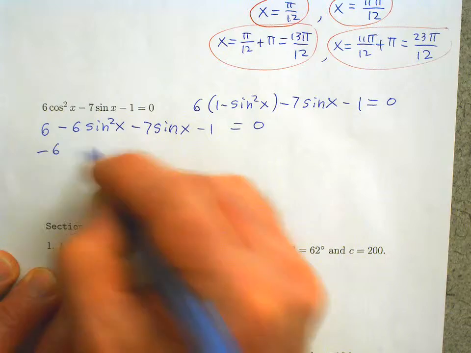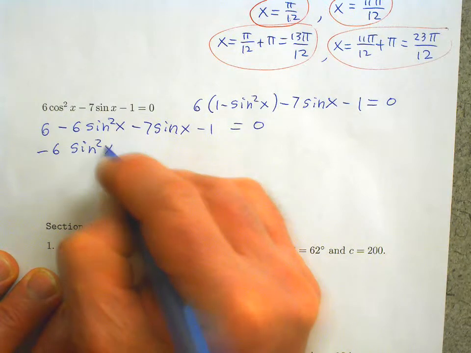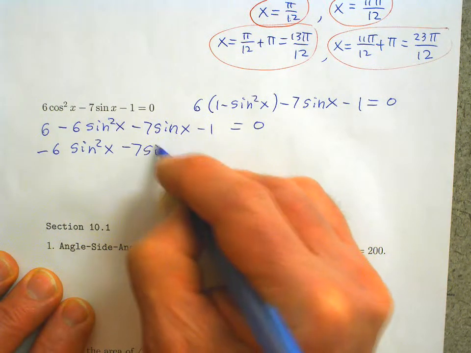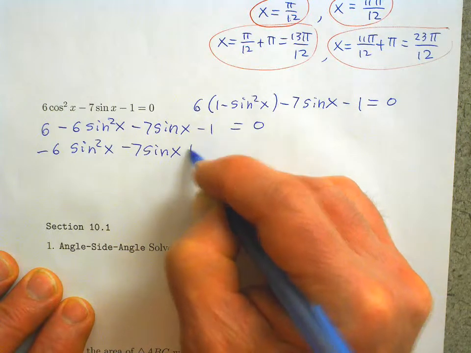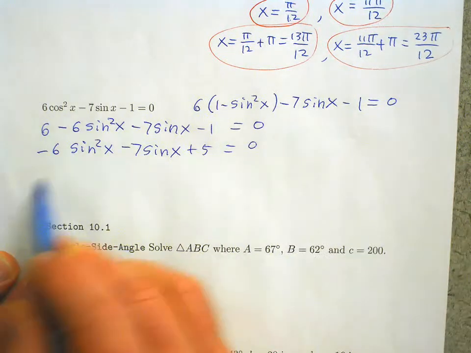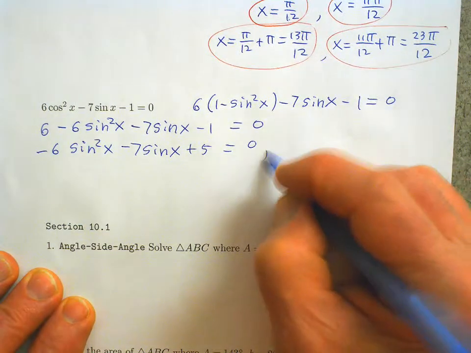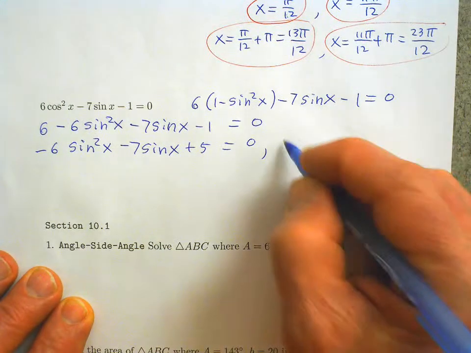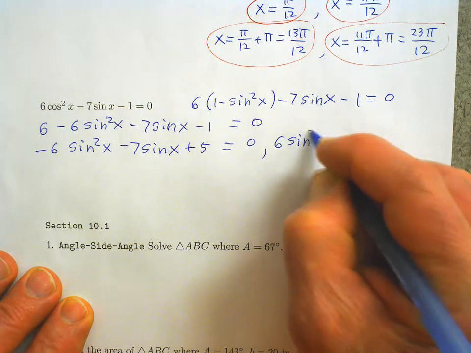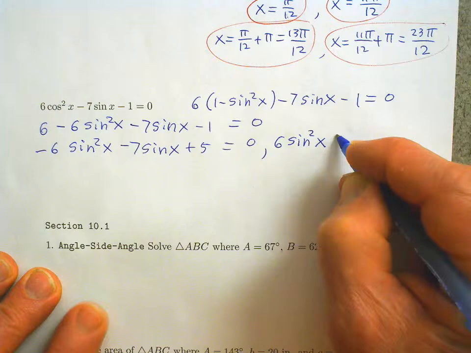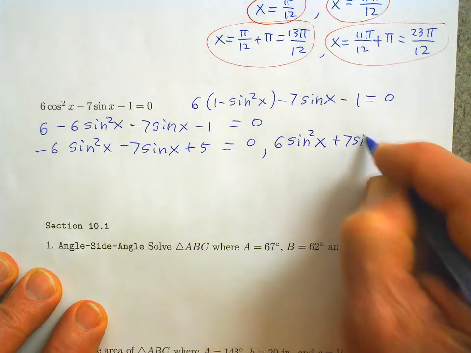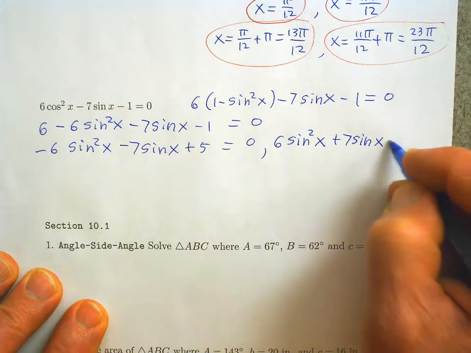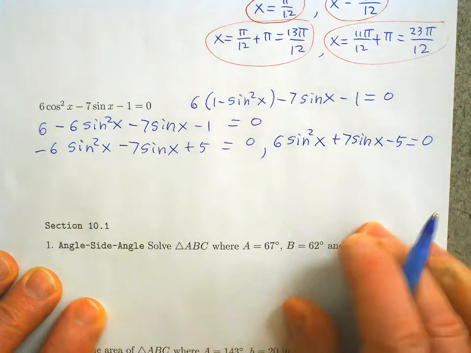So negative 6 times sine of x squared minus 7 times sine of x plus 5 equals 0. For convenience, I'm just going to multiply both sides by negative 1 to get 6 times sine of x squared plus 7 times sine of x minus 5 equals 0.